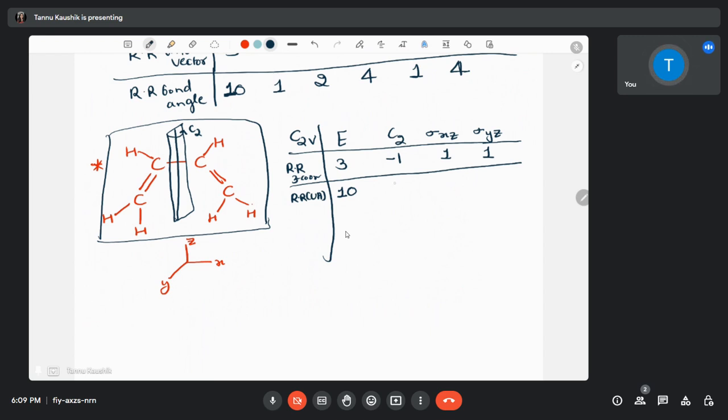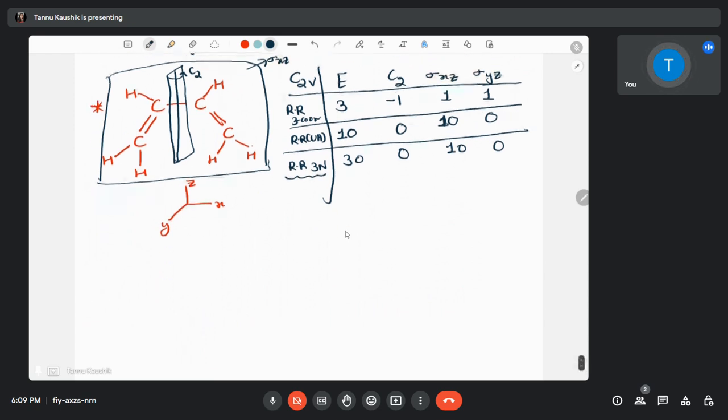When we apply the C2 axis, there is no atom which remains unchanged. So it will be 0. And when we apply sigma xz, which is the molecular plane, all of the atoms remain unchanged. So it will become 10. And when we apply sigma yz, again it is 0. So the reducible representation for 3N will be 30, 0, 10, 0.